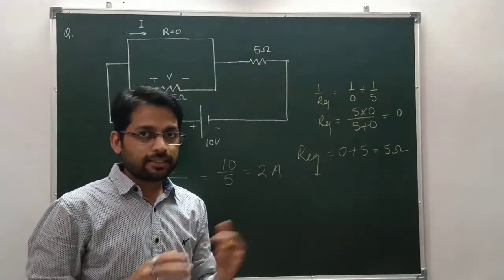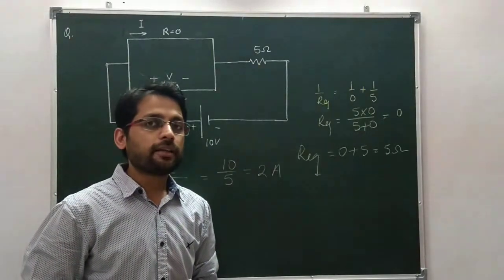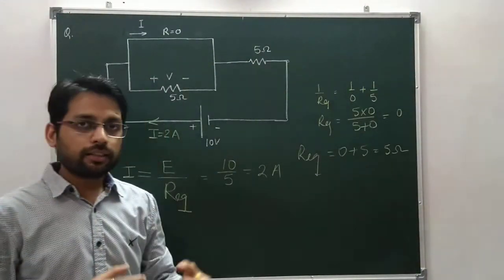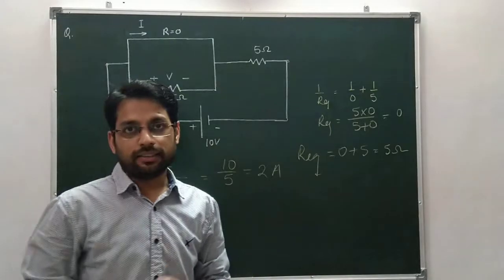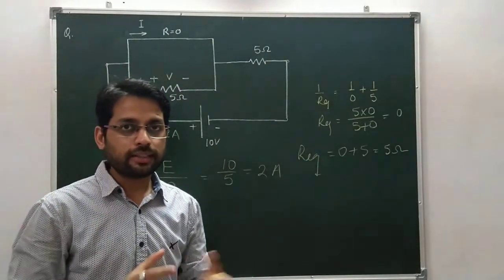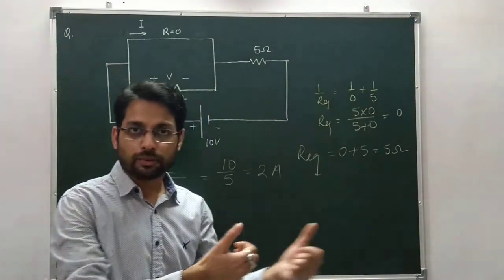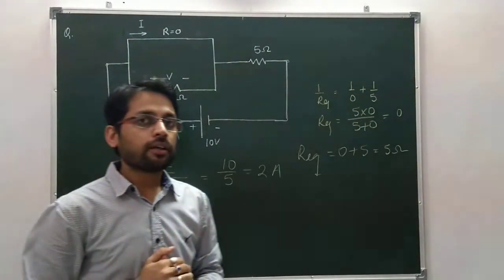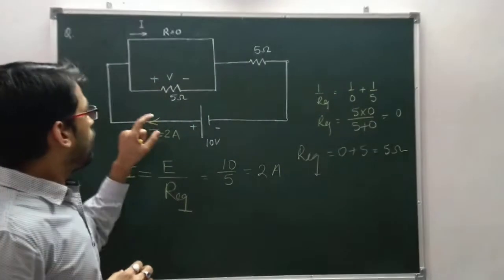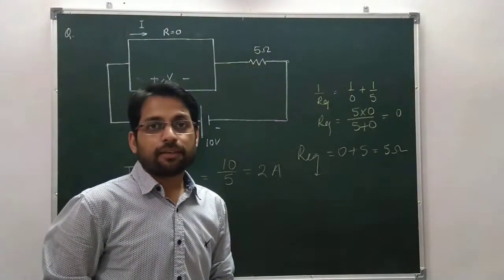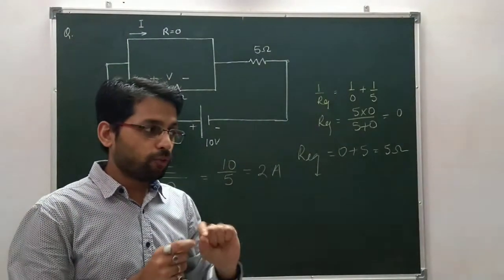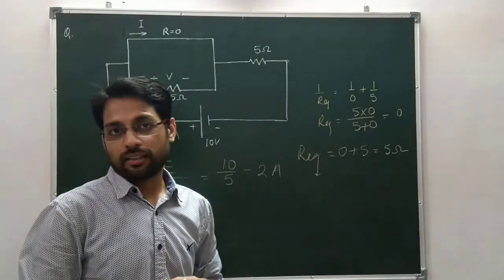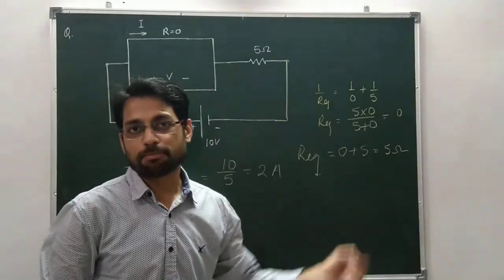I have discussed in a previous video that resistance opposes the current. Resistance of a conductor opposes the flow of current. Or in other words, we can say the current follows the low resistance path. Current always follows the low resistance path.